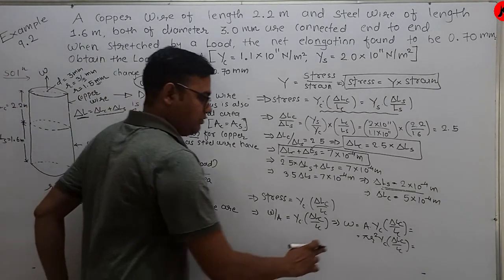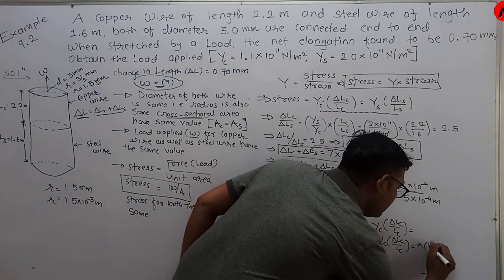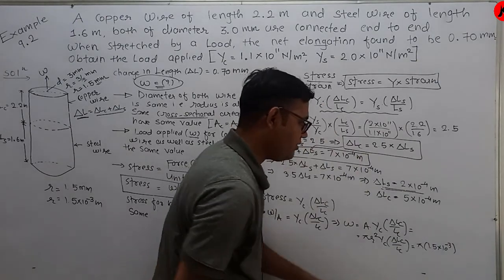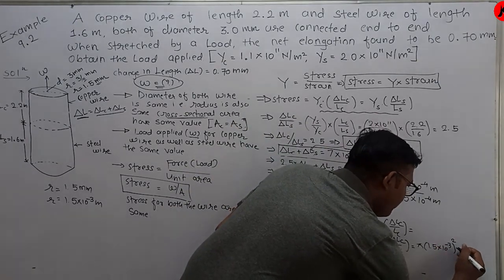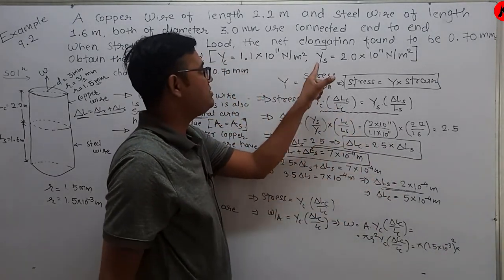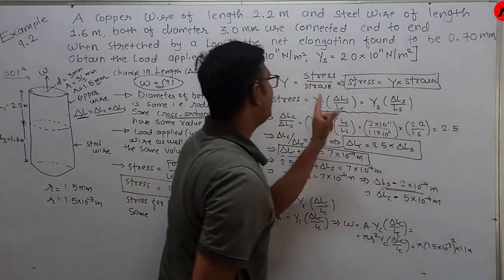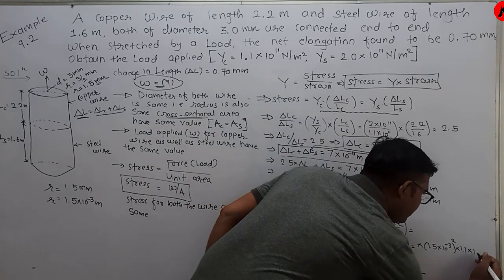So put the value of radius 1.5 into 10 raised to minus 3, the square of r, into YC, which is given as 1.1 into 10 raised to 11.